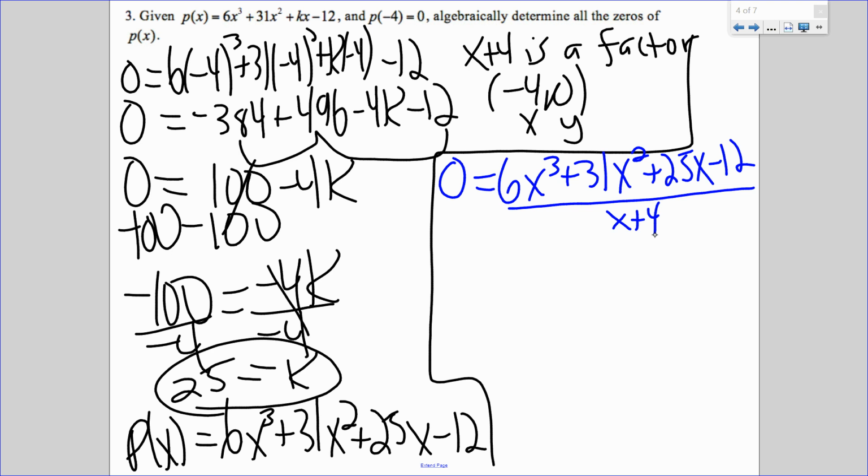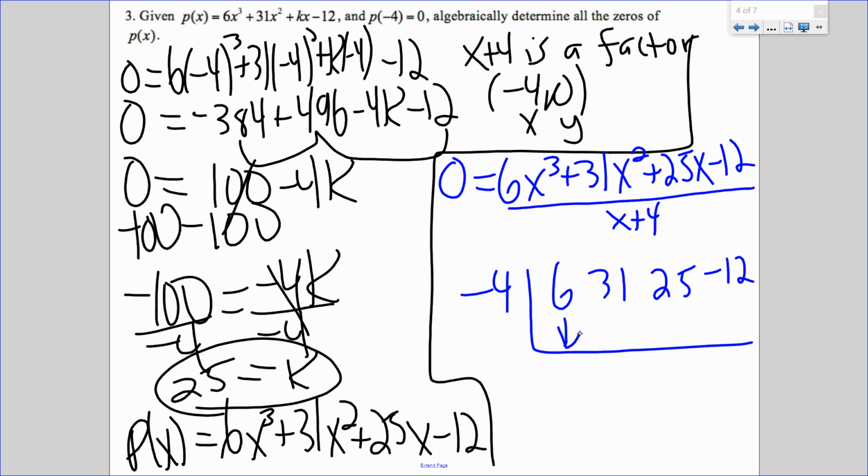So I'm going to get 6, 31, 25, negative 12. Negative 4 goes outside, the opposite of what I'm dividing by. Multiply, add. So I'm just doing my synthetic division. It's always going to work out with no remainder since I knew that it was a factor.